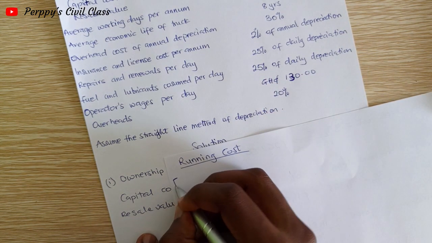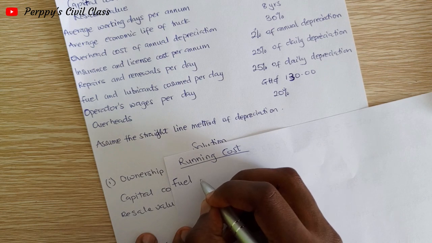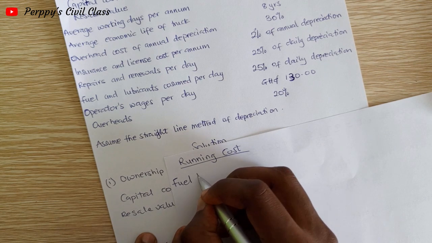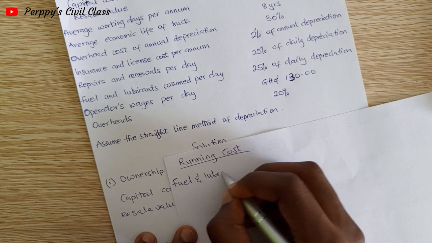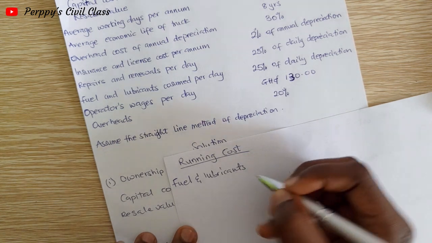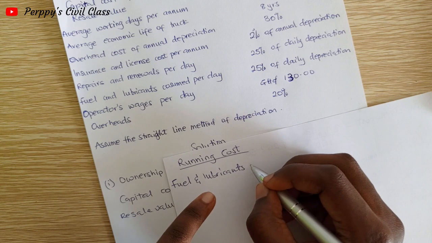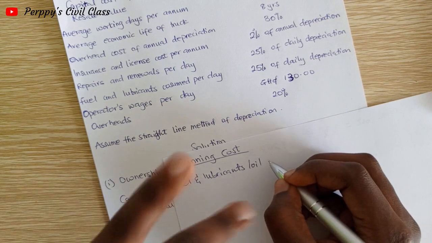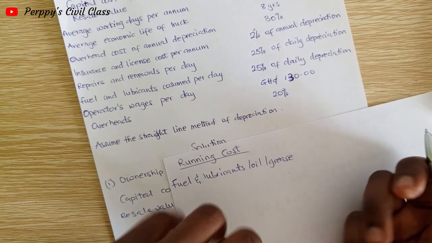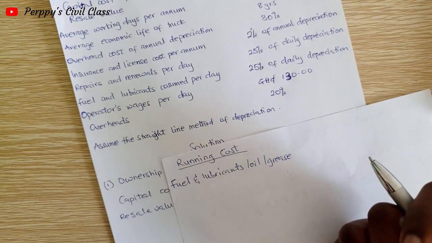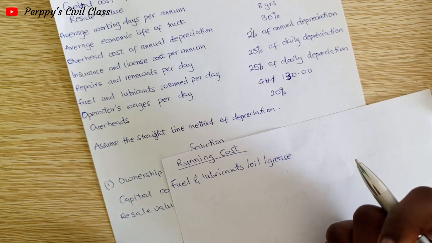Lubricant can be oil, it can be grease, the fluid that makes the machine run.